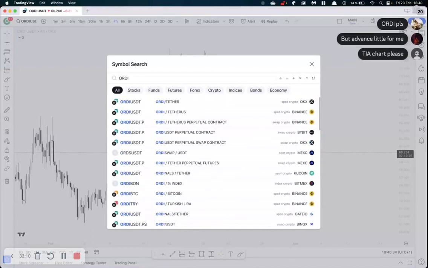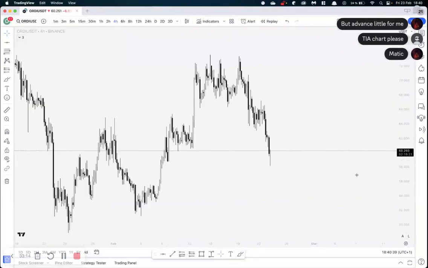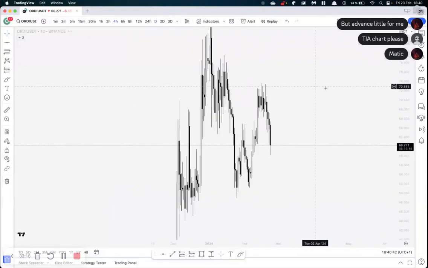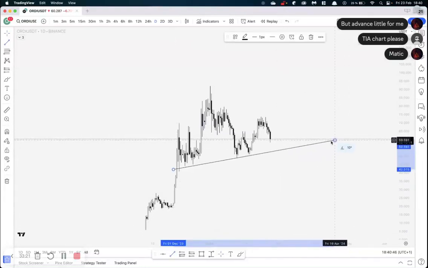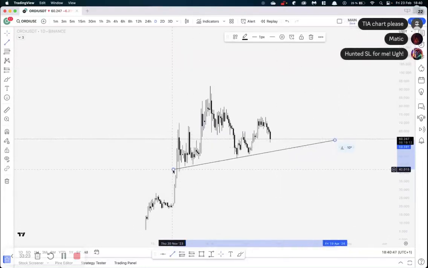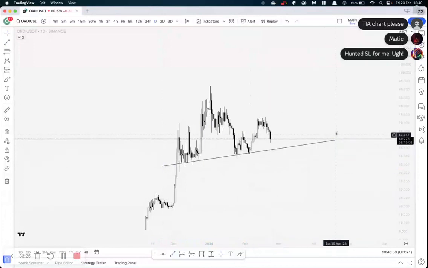Broker. There we go. TIA chart, please. I'll go on the TIA chart as well in a small bit.